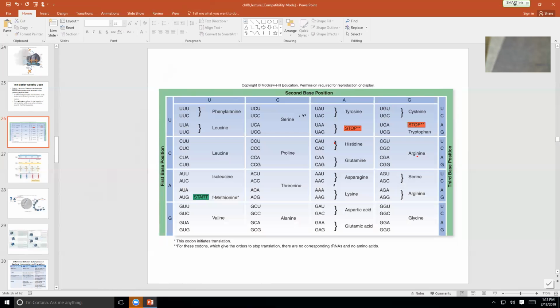Now, there are 20 amino acids. But wouldn't it make sense that when a messenger RNA comes to the workbench, there has to be a place where the chain starts? A sequence that says, start binding. If you look, this AUG is the start sequence.